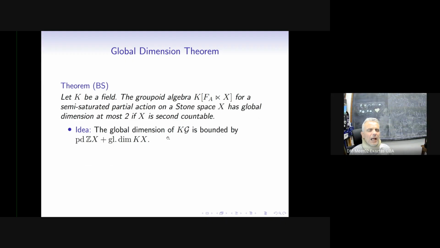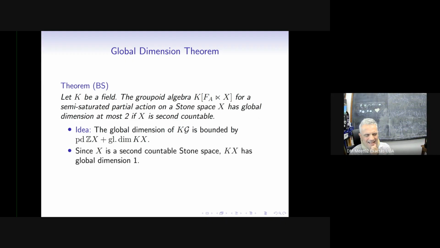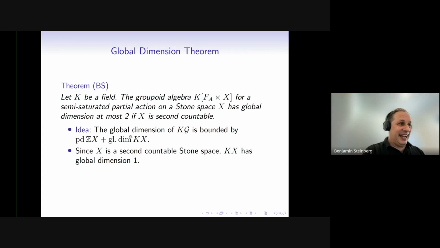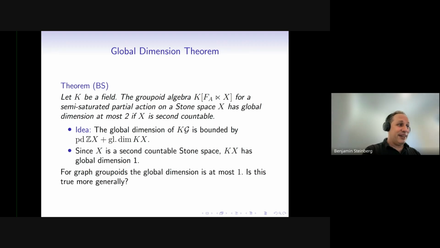Right. The 1 comes from the Z. The 1 comes from the ZX, from the Z, yes, and the other one comes from the fact that this is von Neumann regular but not semi-simple. So that's where the other one comes from. And so I only get 2, and I really would like to get 1.